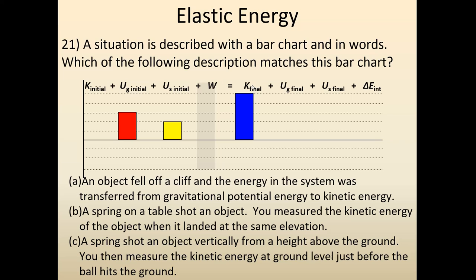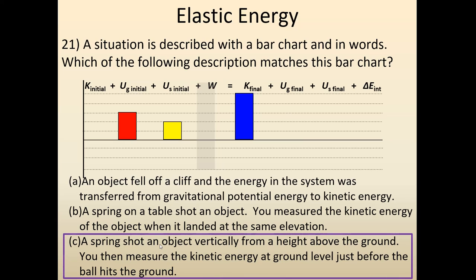If that was true, I would have the same potential energy on both sides, which I don't. Because I have none in the final section, I have to be landing lower, not at the same elevation. So my final answer is C. It's the only one where the object starts at a height with a compressed spring. Even though it's being shot up, it ends up landing on the ground lower than where it started. So this has all the things that I need to check off my list.